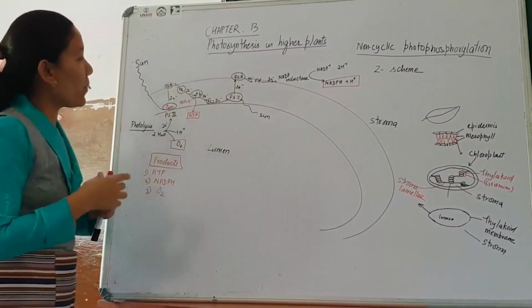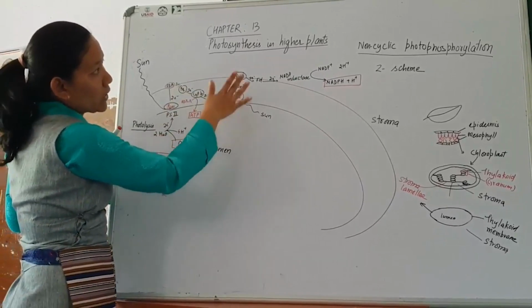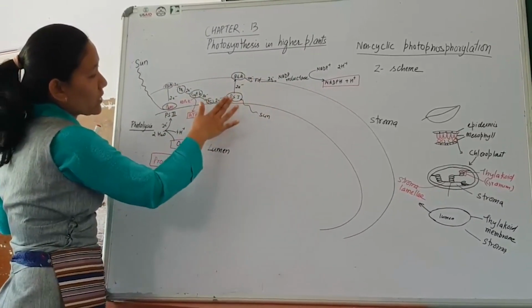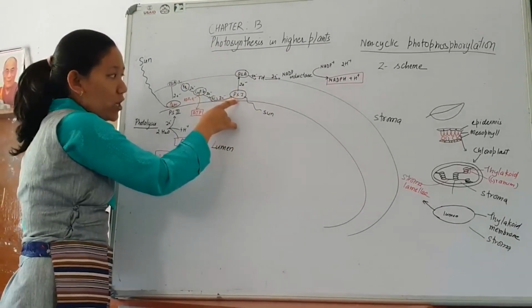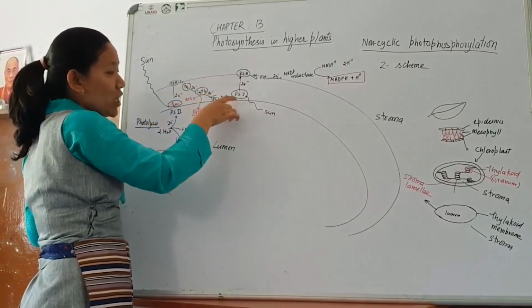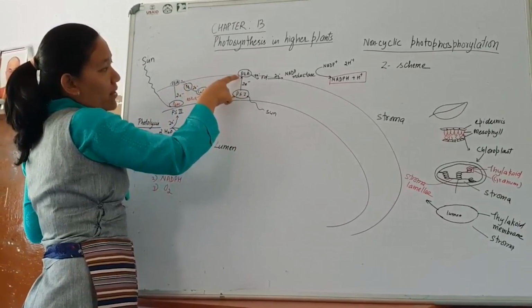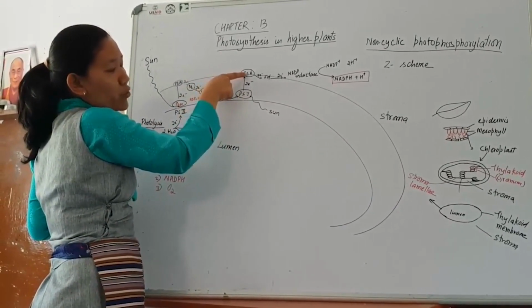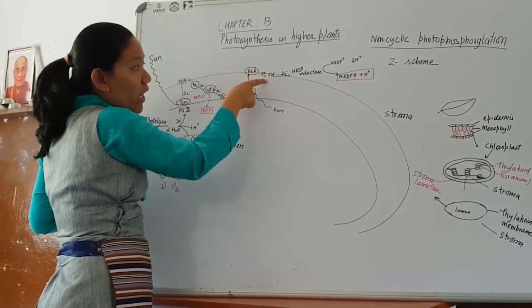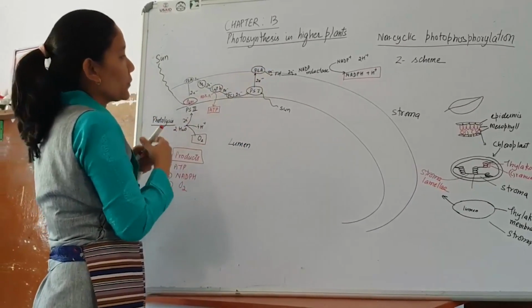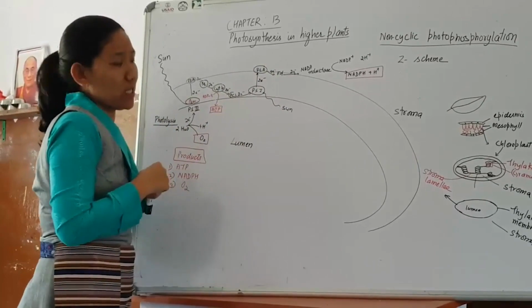Now let us look at another pathway. Here, solar energy trapped by photosystem 1 excites it, and it loses a pair of electrons that is accepted by the primary electron acceptor and passed on to ferredoxin. One more thing to focus on is this ferredoxin.